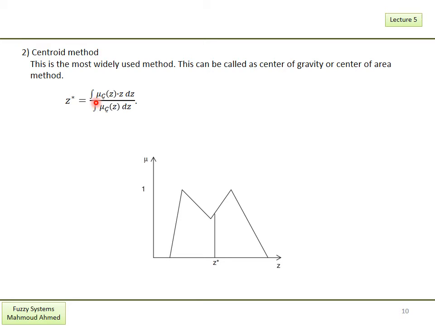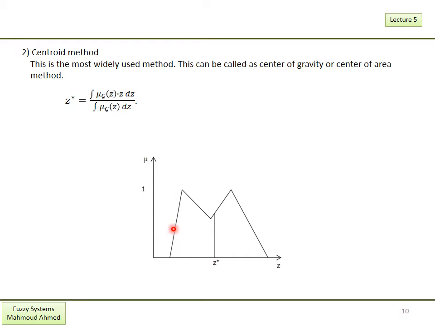So we take the integration of mu C of z multiplied by z dz. This is completely divided by the integration of the membership function dz. The difference between numerator and denominator is simply that in the numerator we multiply by z.